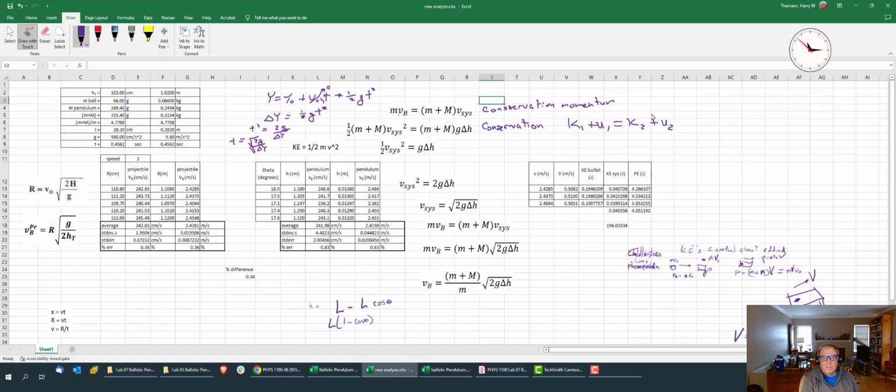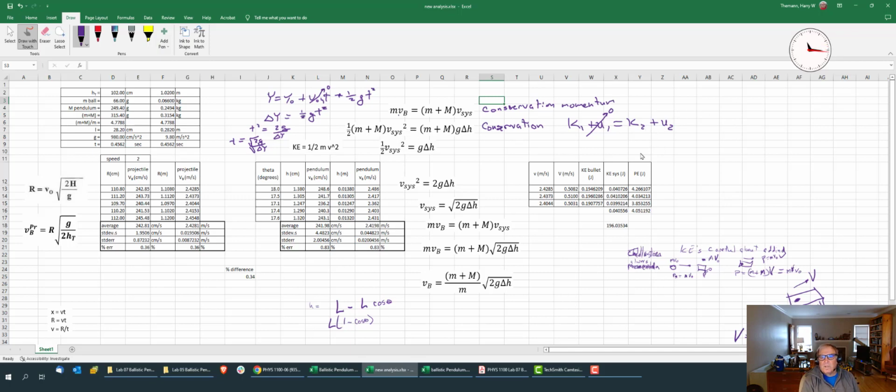And our ballistic pendulum is set up so that when the bullet hits the pendulum, we say that is the place of zero potential energy, and it's all kinetic energy right here on the left side of the equal sign.